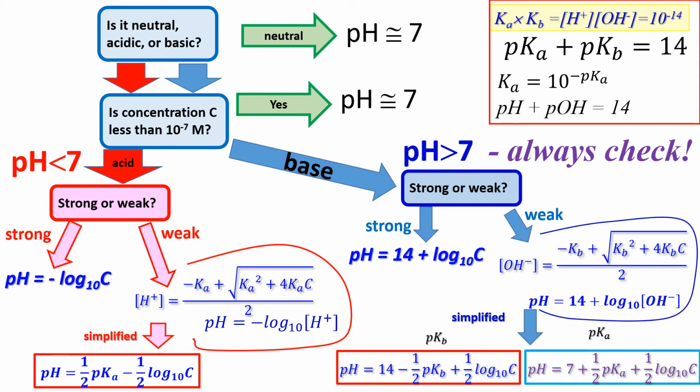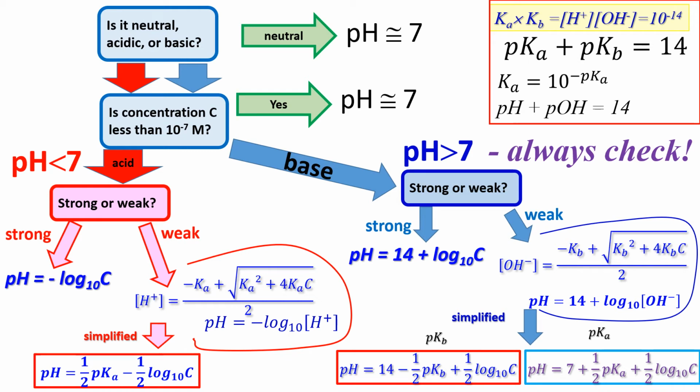But in most cases, Ka multiplied by C is much larger than Ka squared. That means you can use a simplified formula. pH is 1/2 of pKa minus 1/2 of the decimal log of concentration. After you are done with your calculation, carefully look at your result.